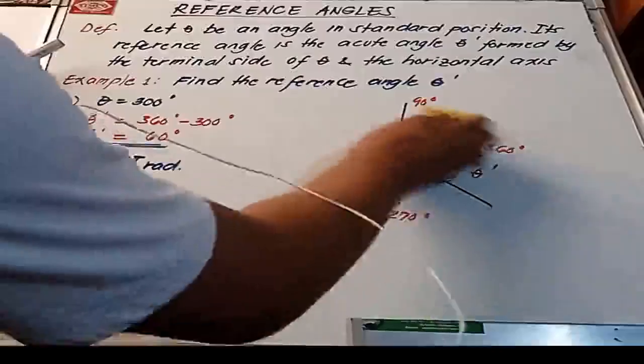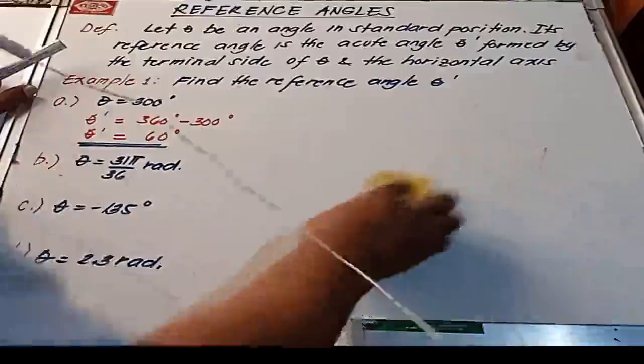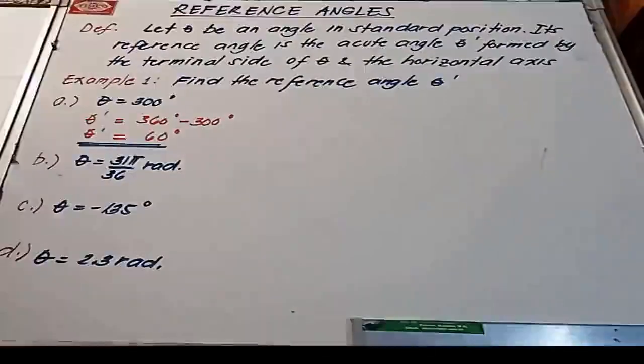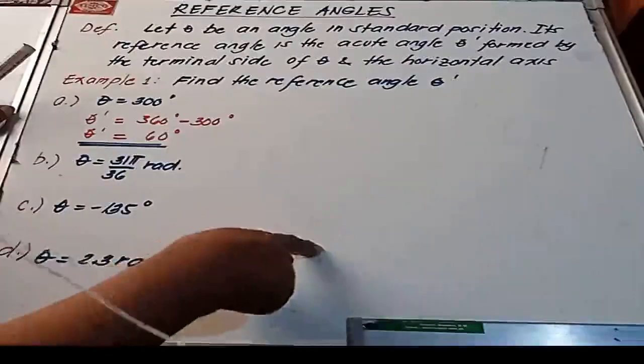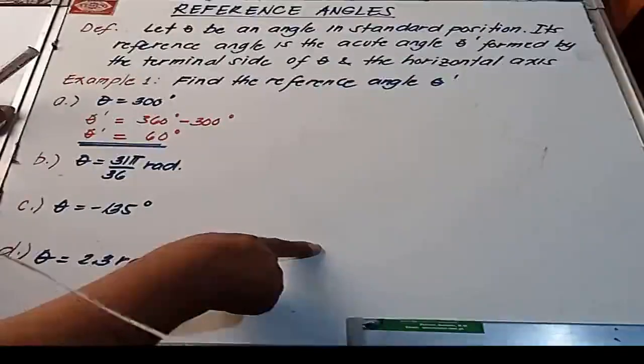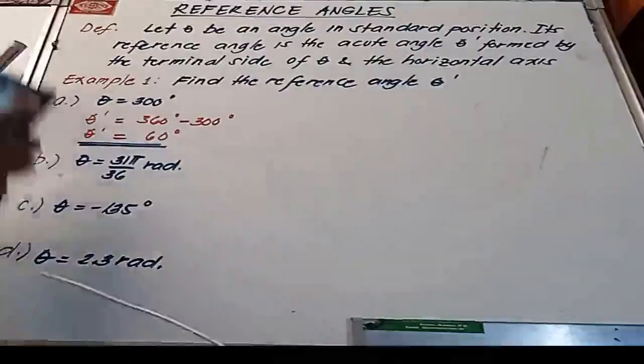We have an angle in standard position, but the unit of this angle is in radian. So, paano natin to ma-determine? Di, kailangan muna natin i-convert kasi we're not familiar dun sa ating 31 pi over 36 radian kung saan siya nag-fall down sa xy plane.